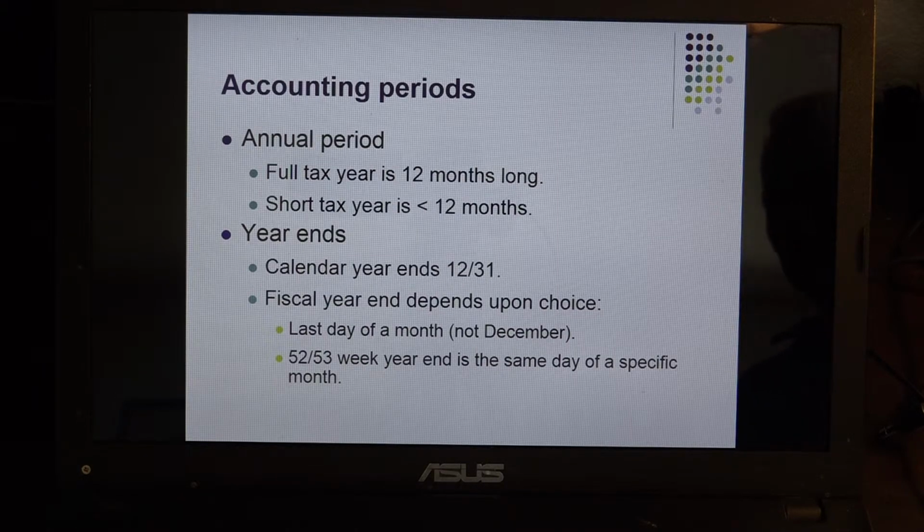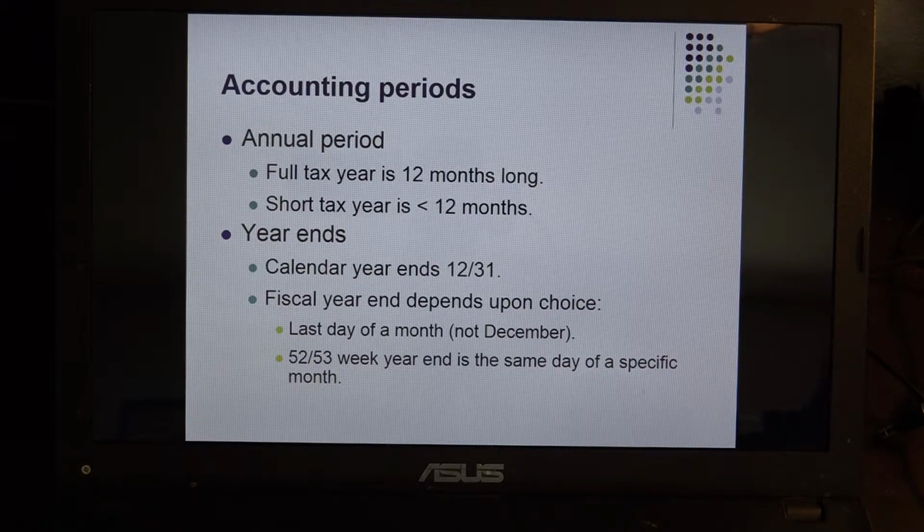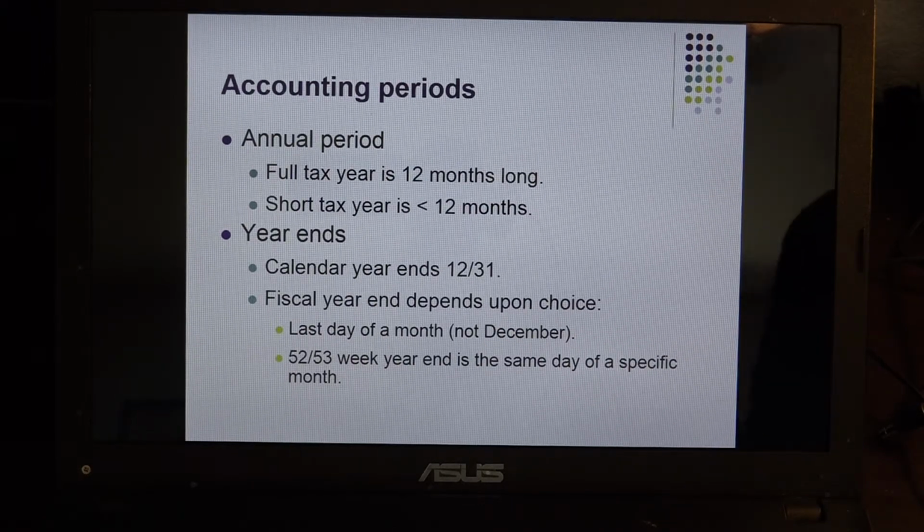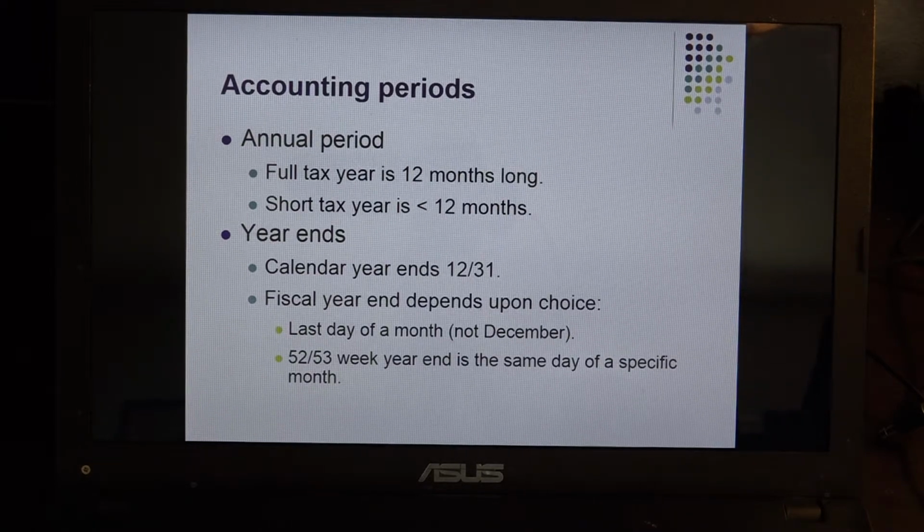And then they have something called the 52, 53 week year end. They give an example here in the book. You can look at that if you want. I've hardly seen that at all in my dealings with financial statements and tax stuff.